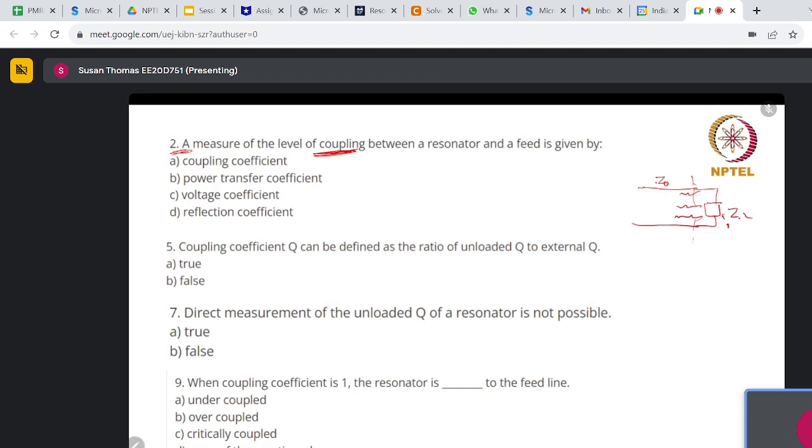That is being given by the reflection coefficient. But now here the question is not about this kind of scenario. The question is about a resonator. It could be a series RLC, it could be a parallel RLC, and it is going to be connected to a feed. So how much will be the level of coupling between those two?